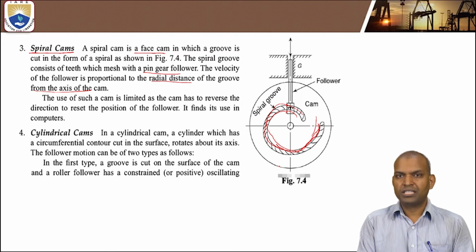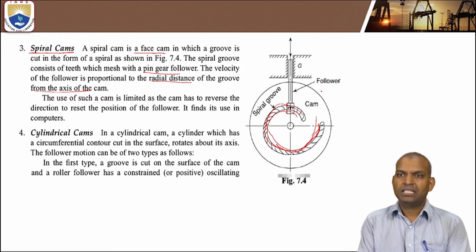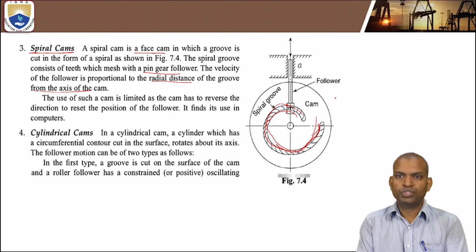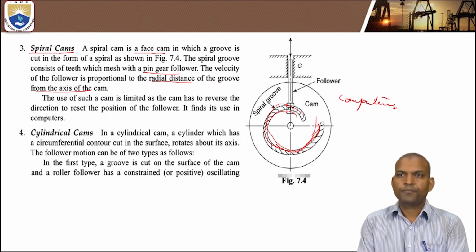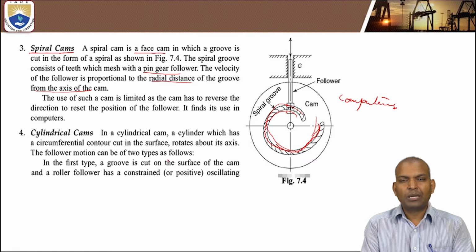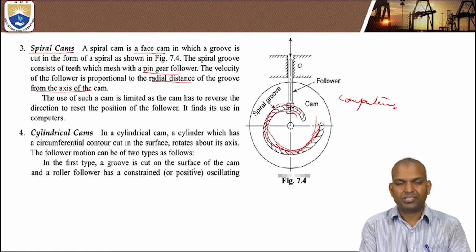The use of such types of cams is very limited. This type of cam and follower we can find in the case of computers. The computers are completely designed by mechanical engineers.